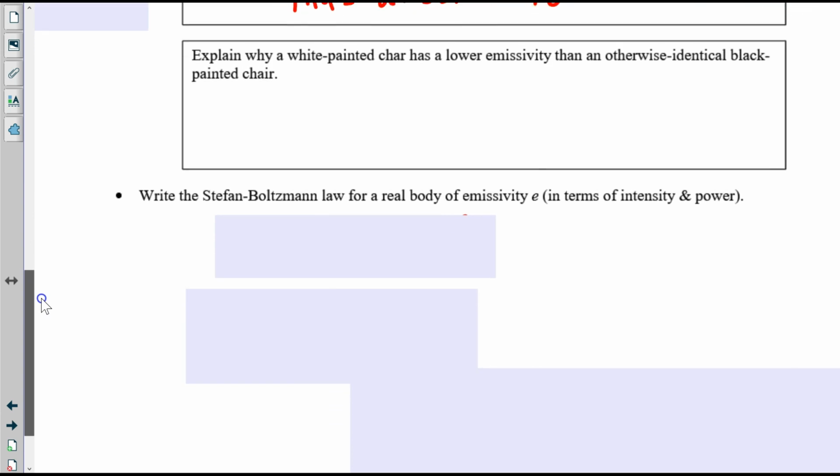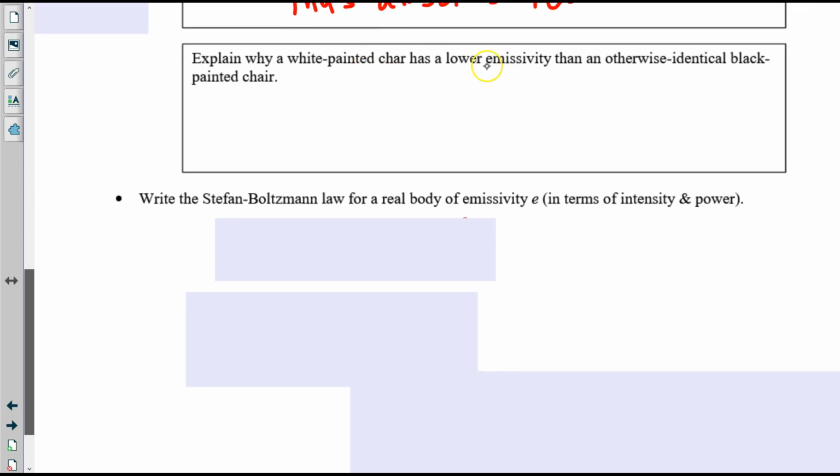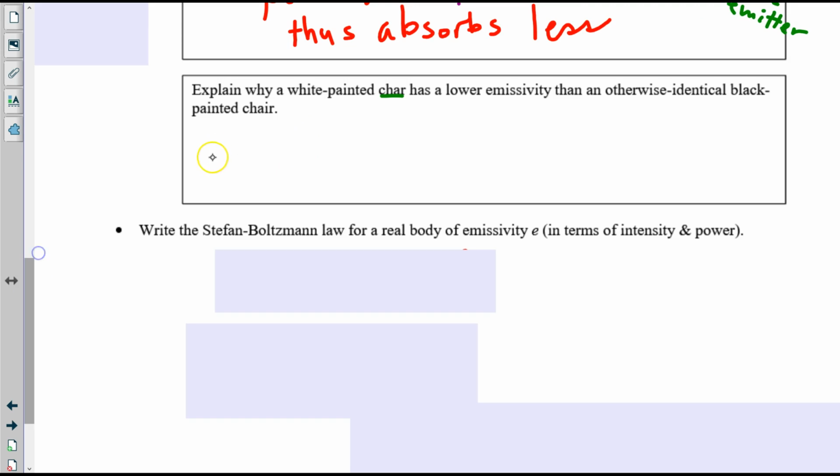Okay. Why does a white painted chair have a lower emissivity than an otherwise identical black chair? It's the same thing again. If you see something as white, that is all colors. If you see it as white, then it must reflect red, green, and blue.